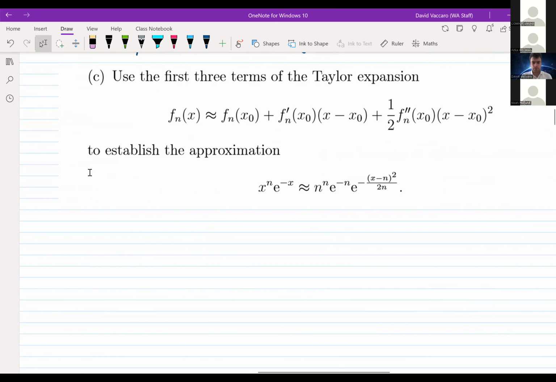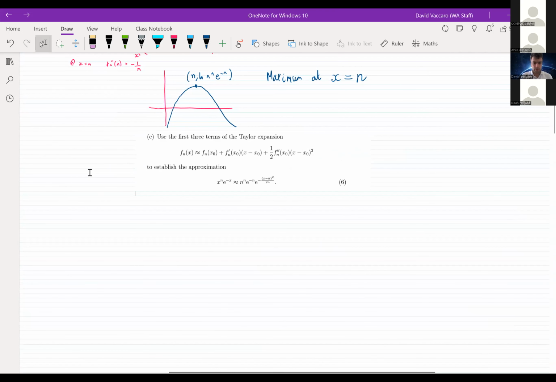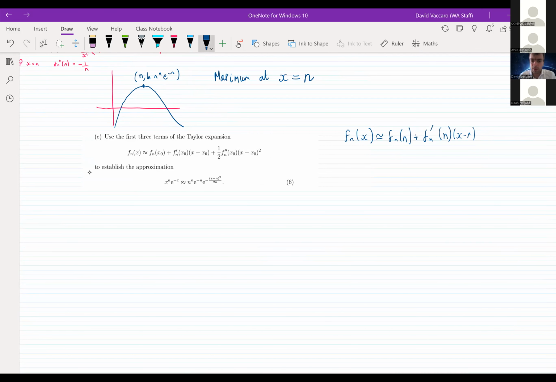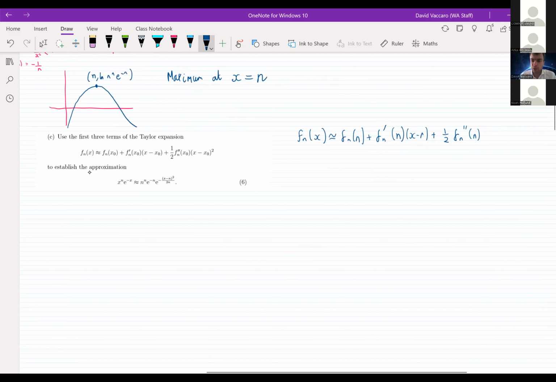Okay, so let's have a go. So we've got fn of x. They've even given me the Taylor expansion. This is approximately equal to fn at x0, which we know is n, plus fn dash, the derivative at x0, and then plus a half times the second derivative at n, and then we've got this quadratic term.